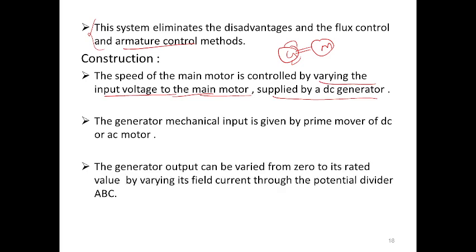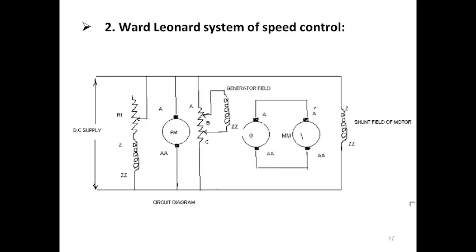The generator output can be varied from 0 to its rated value by varying its field current through the potential divider. Here we have the field winding, and this is the motor field winding for speed control.